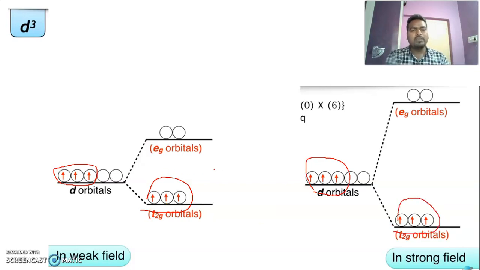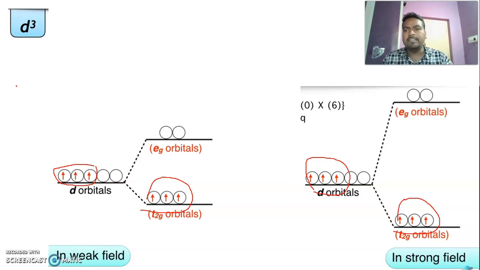As I said, in case of d1, d2, d3 and d8, d7, d9, the electronic configuration in the presence of both weak field and strong field is the same. So here there is no question of high spin and low spin complexes, and CFSE is the same irrespective of the ligand in the first 3 and last 3 d systems.